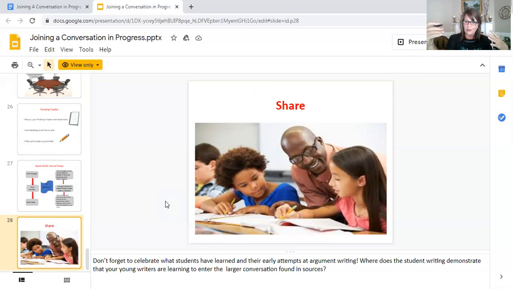And so there should be a way to share. You could have them post it on a Google site where everybody can see each other's and give comments and feedback. You could put them in the classroom somewhere, put them in the hallway, but always celebrate your students' writing.